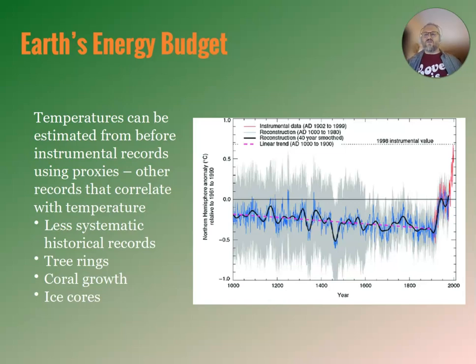This is the original hockey stick graph that really made clear to people that the temperatures that we're measuring now are much warmer than we've seen in the past 1,000 years. So these reconstructions go back to about the year 1000, and you can see that we are way above what was experienced in that range of our past.